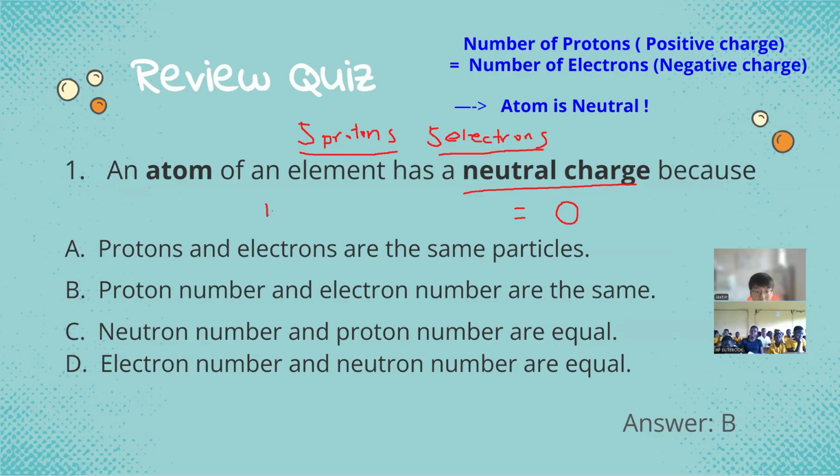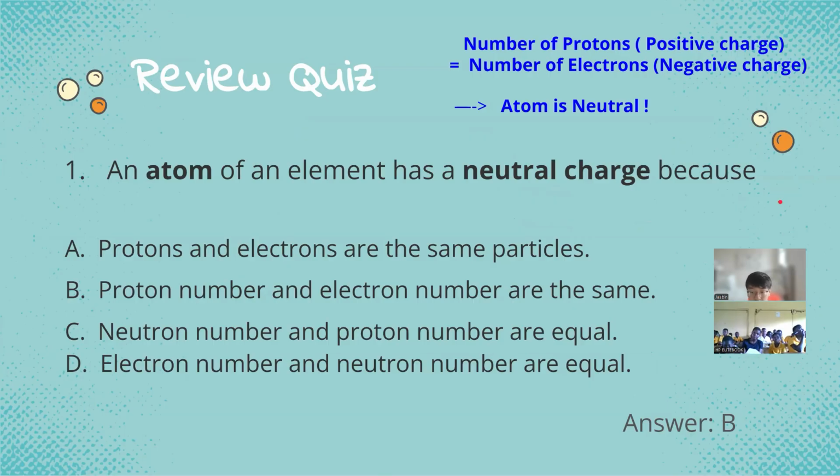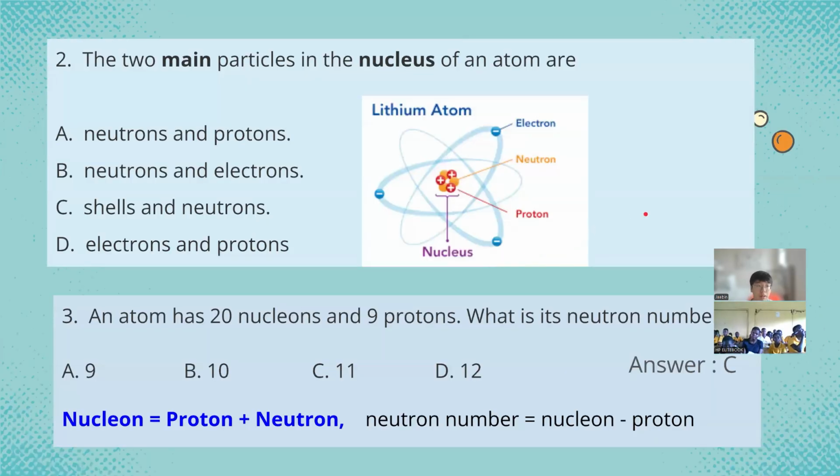Because here this is positive 5 protons and then negative 5 electrons. And the charge would equal 0, right? This will equal 0. So that's why the proton number and the electron number must be the same in the atom to make a neutral charge. So that is the answer.